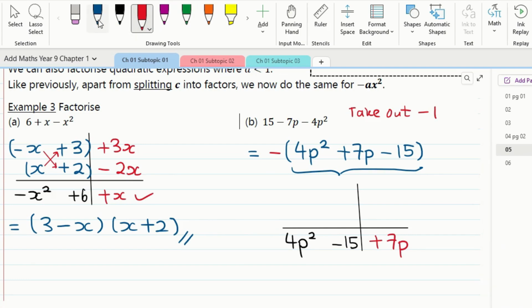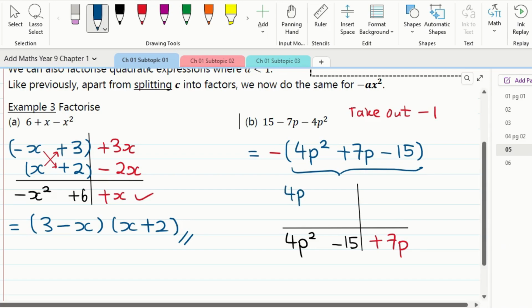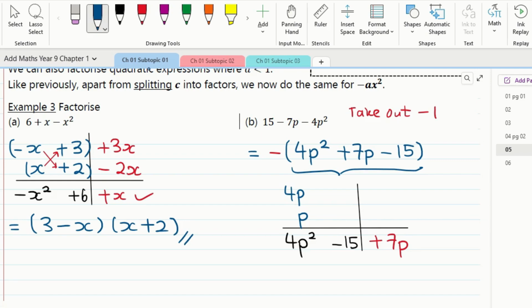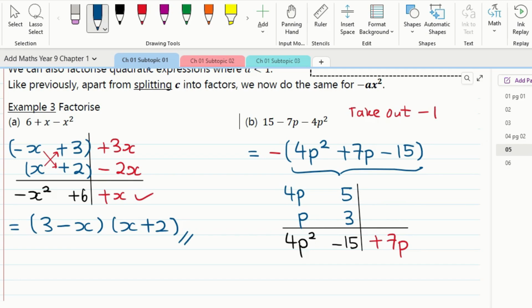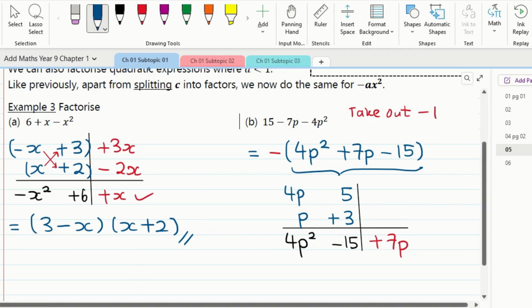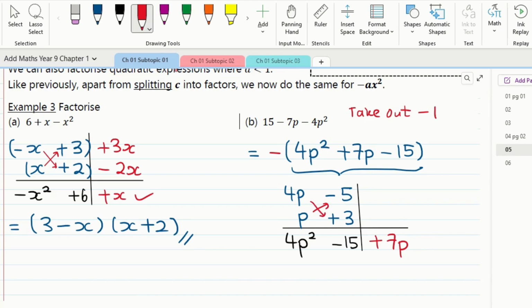So for this one, you will use 4p and p as the factors, although you have another factors of 2 times 2, but here 4p and 1p is suitable. And as for the 15, it is going to be 5 times 3, but then since you are getting positive 7p, 4p and plus 3, and then p and negative 5 before you cross multiply them. And for sure, this is the correct one.